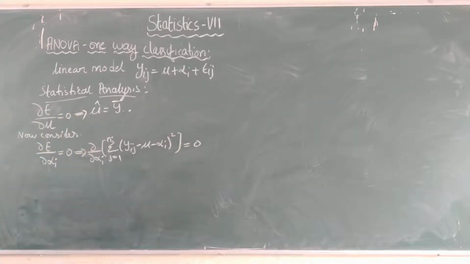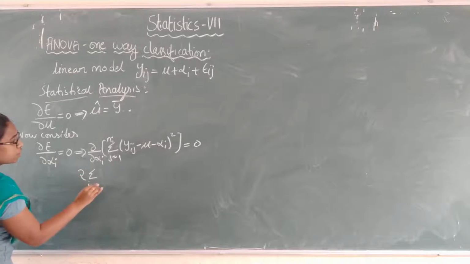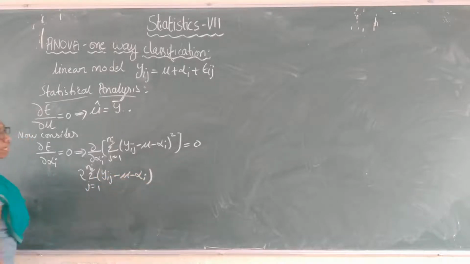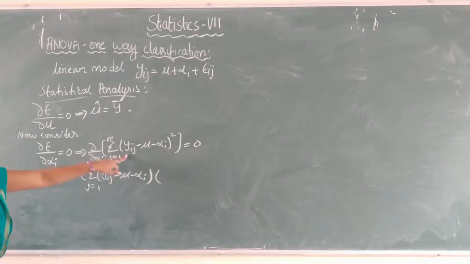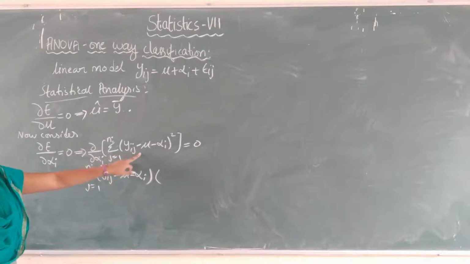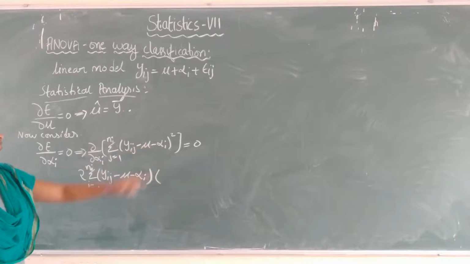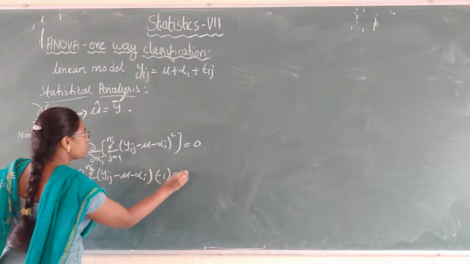Similar step, this is in the form of x square, that is 2 into summation j equals 1 to ni, Yij minus mu minus alpha i, into the inner differentiation value. Here Yij is a constant, so 0, mu is also a constant, so 0, and minus alpha i differentiates to minus 1, equals 0.